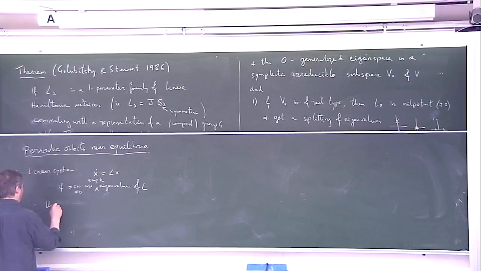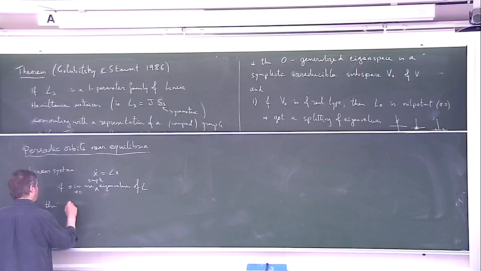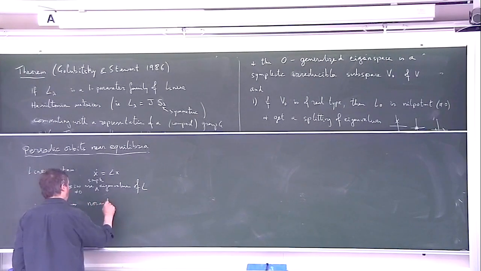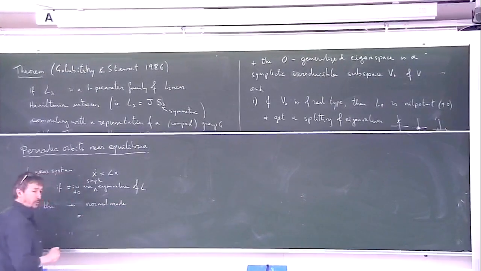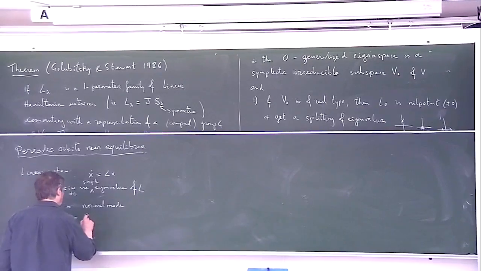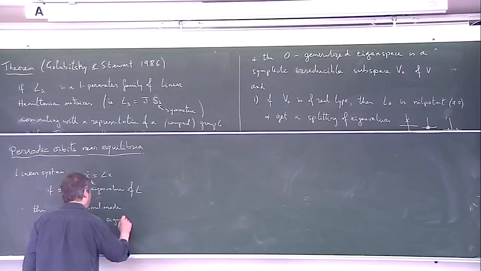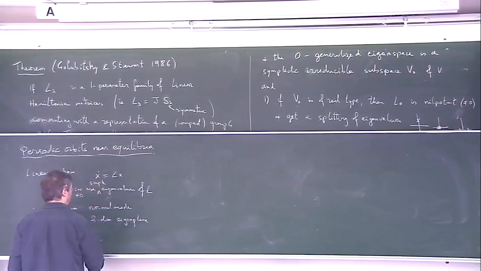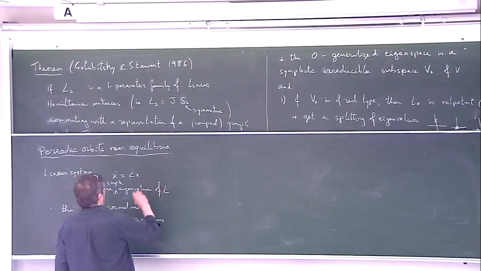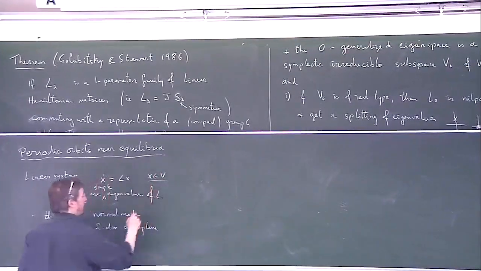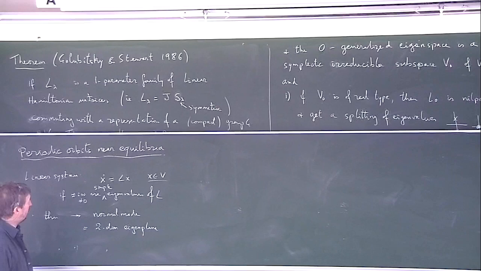Then you get a normal mode, and the normal mode is the two-dimensional eigenplane. Let's give a name to this vector space, Rn or V, R2n.